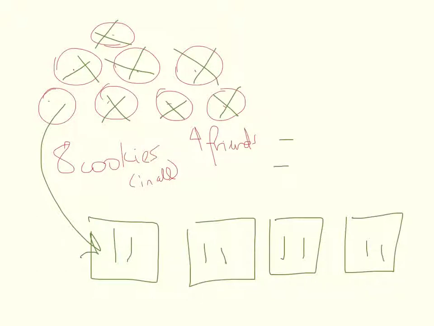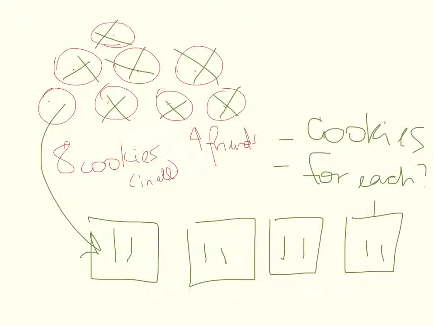So can you tell me how many cookies does each friend get? This friend got 2, this friend got 2, this friend, and this friend got 2. So it's 2 cookies for each of our friends.